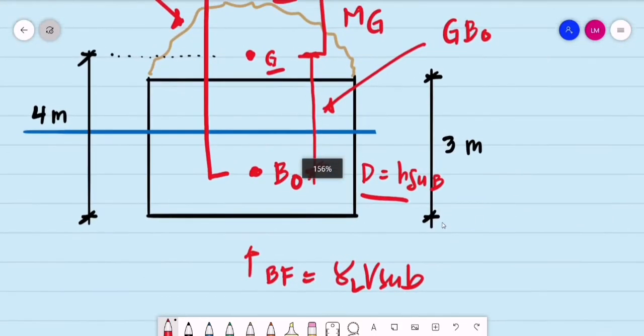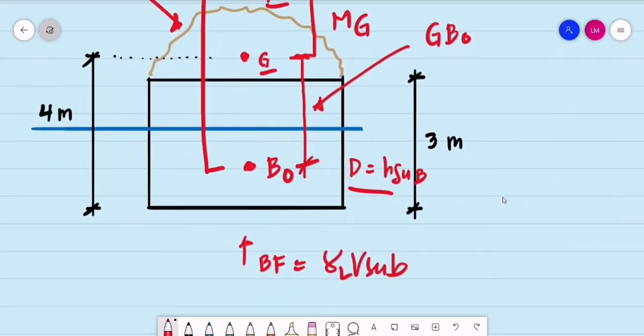So, how do we locate the center of buoyancy? Don't we already have the depth submerged or the draft? The draft we computed earlier is 1.514. That was required in number 4.